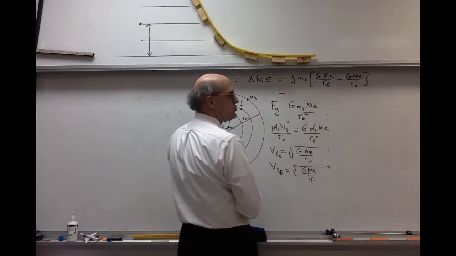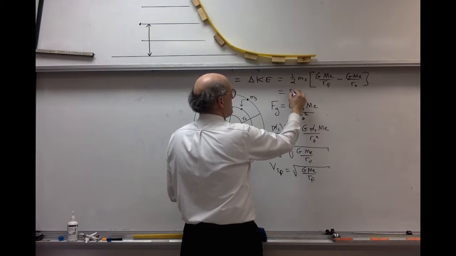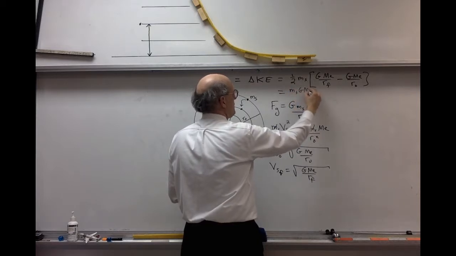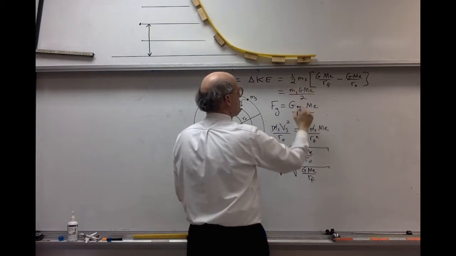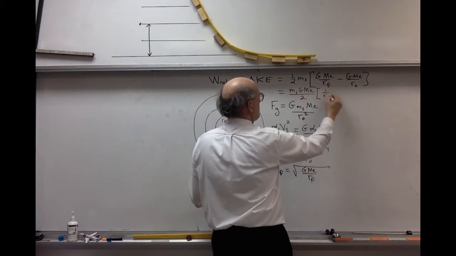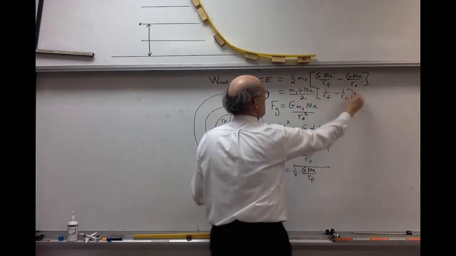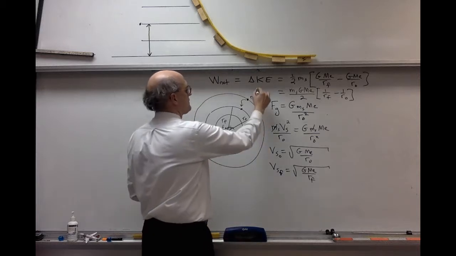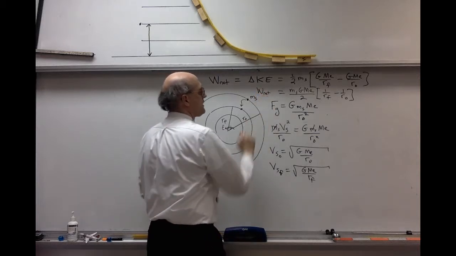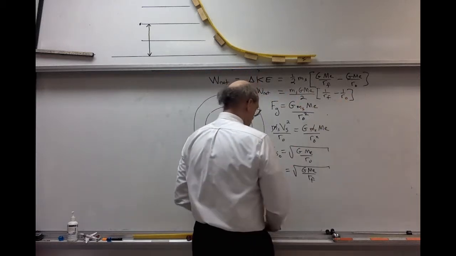Factoring out a G me, we have ms G me all over 2 times 1 over RF minus 1 over RO. So substituting in the values, that will give you the net work.